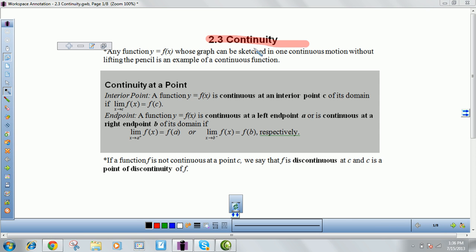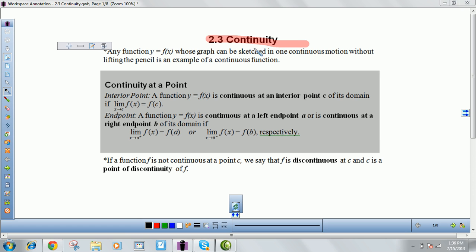So first of all, you have your definition of what, up to this point, continuity means. In terms of math, it's going to mean something very similar to what you wrote. The word continuity comes from the word continuous, and continuous is something that has no breaks in it at all.